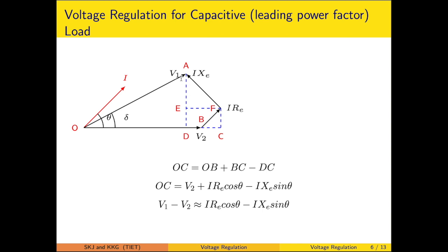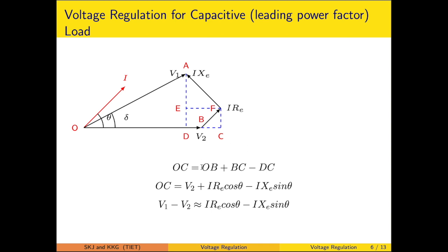I RE and I XE, the voltage drops in the transformer windings, are added, and V1 is marked. So you can easily make a comparison. This V1 length is coming out to be lower in comparison to the V1 length obtained for the lagging power factor load.